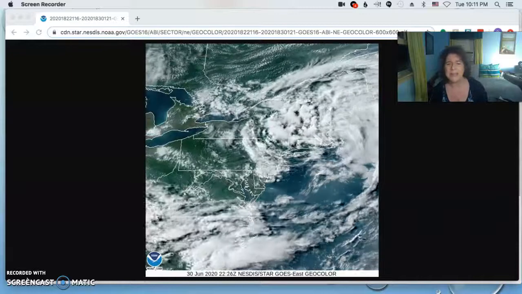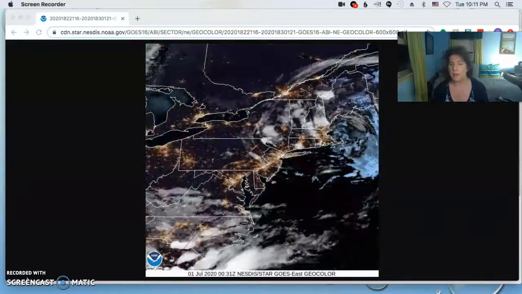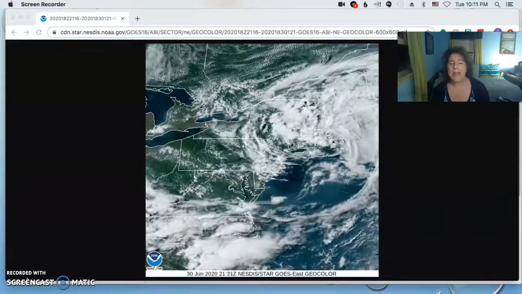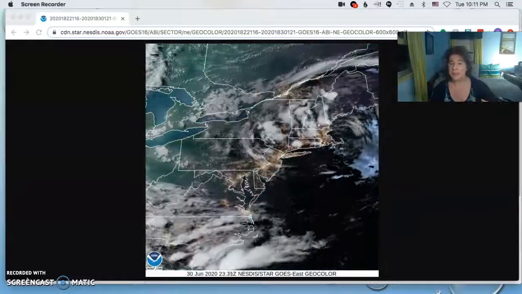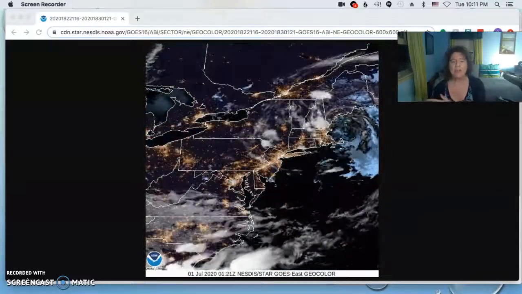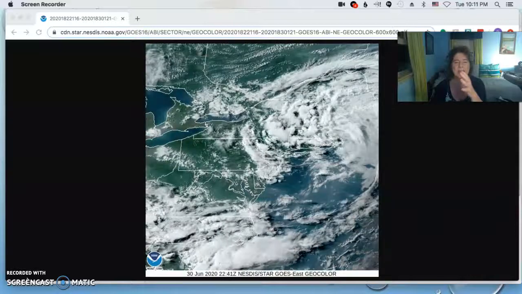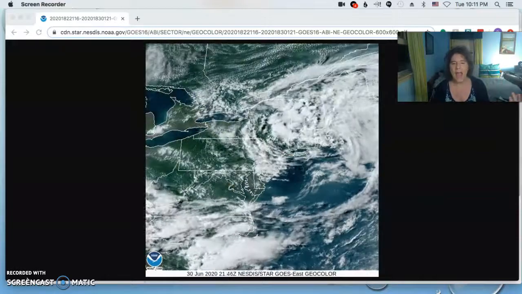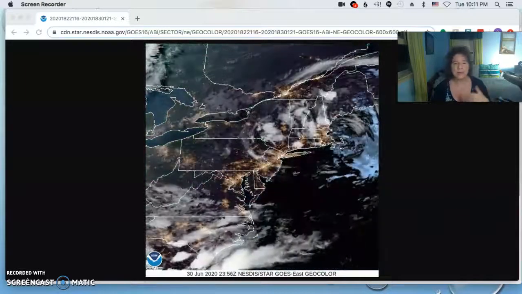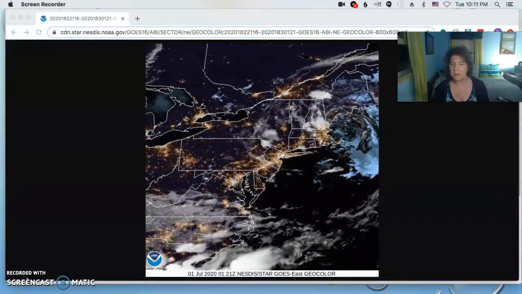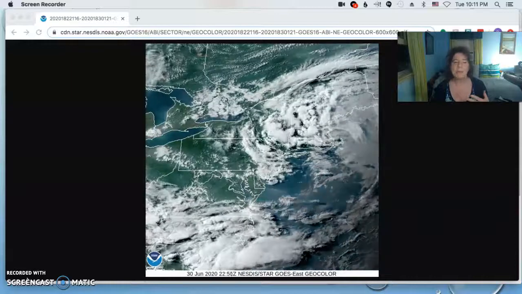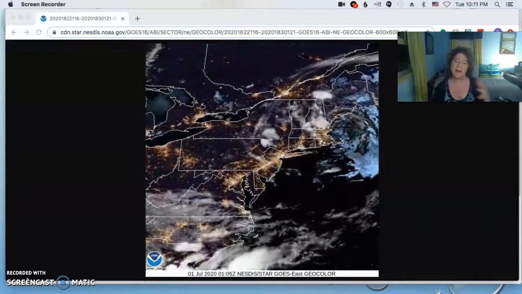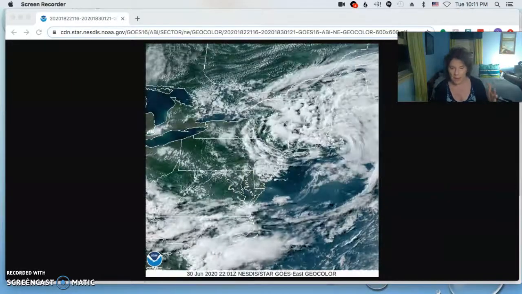It is looking at cloud coverages, and it goes from a visual image during the day to what's called the transition line of nighttime coming in, and then overnight it transitions to infrared imagery to keep an awareness of where the clouds are in the atmosphere.